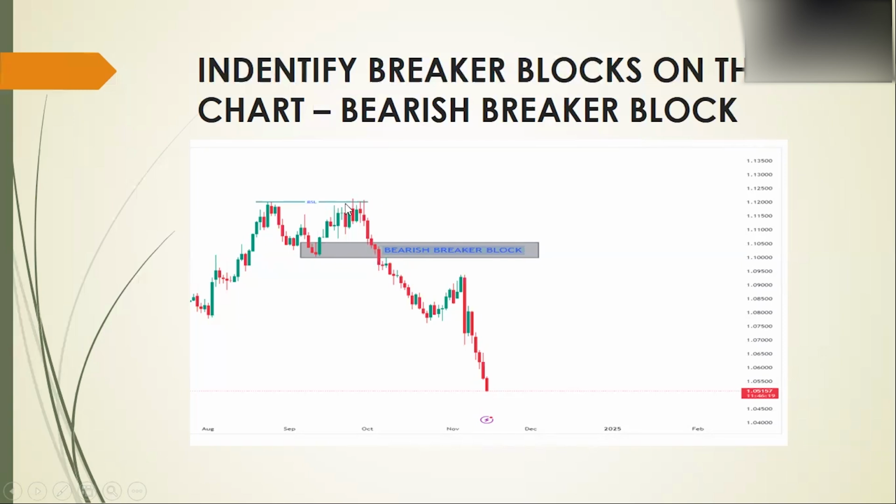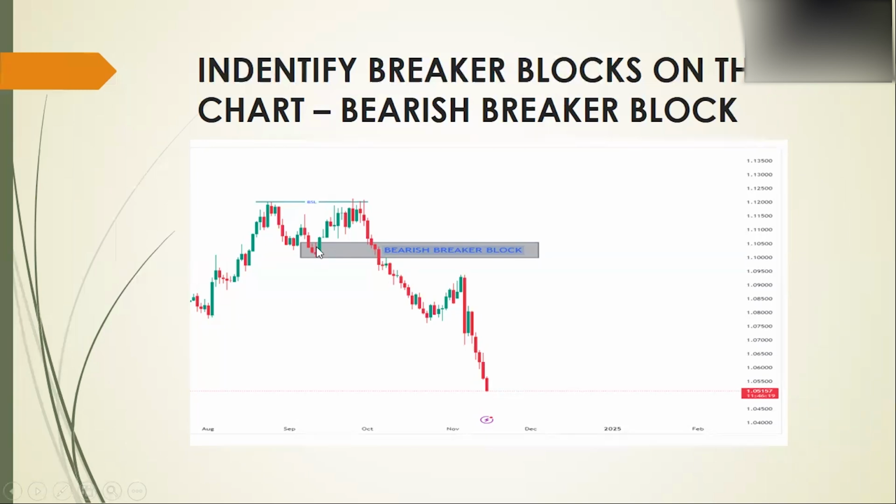But now, when the price goes below the order block and goes below the previous swing low, which is this low here, then what we want to see is a retest. So this order block now turns to become a bearish breaker block.